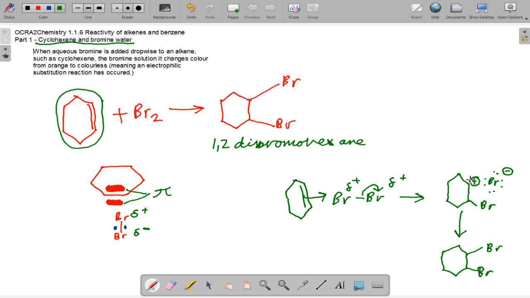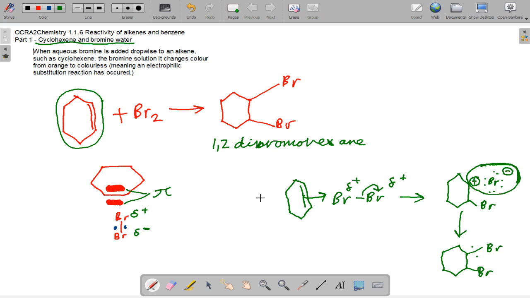Now, as in any nucleophilic substitution reaction mechanism that you learned in AS chemistry, next that Br minus ion will bond to the carbocation as they are attracted to one another, and they will form a new bond with that spare electron in the shell.